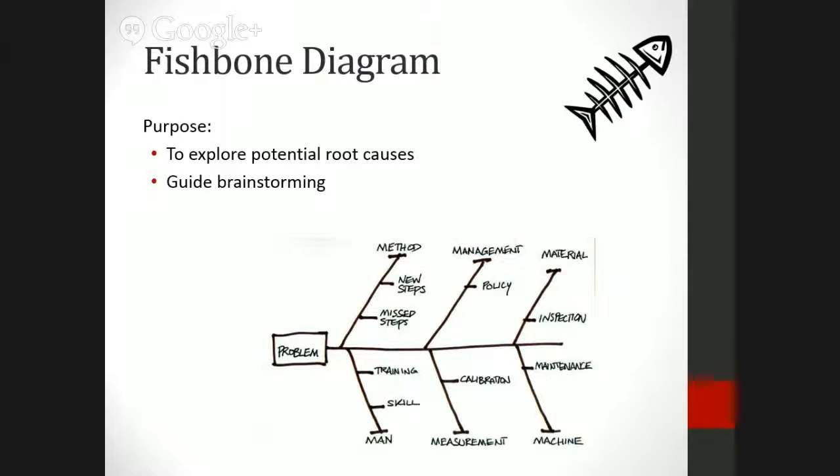Fishbone diagram. Now you might want to do one of these. They're kind of a brainstorming diagram. But here's your problem. And as the name suggests, I draw a central line. I label it by 5 or 6 categories.